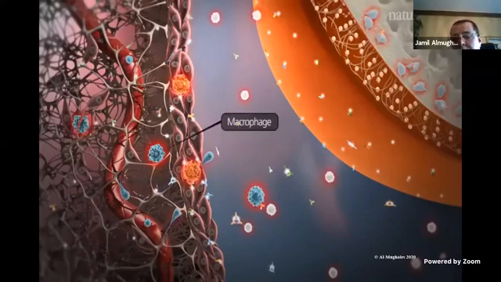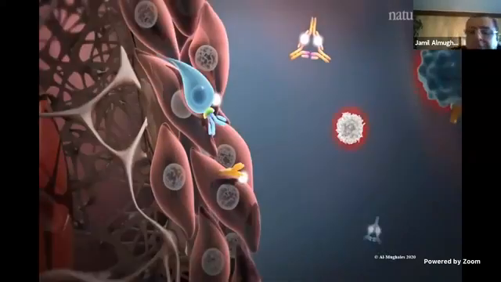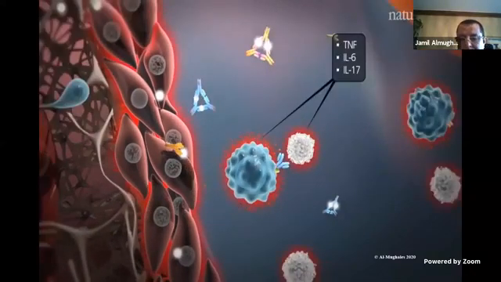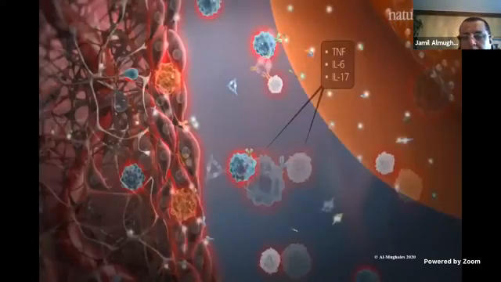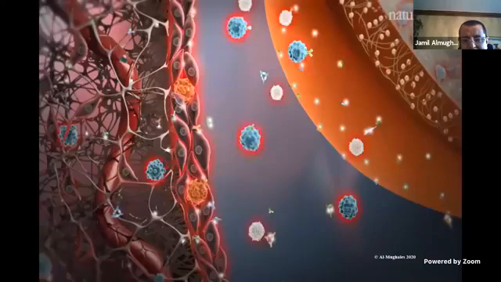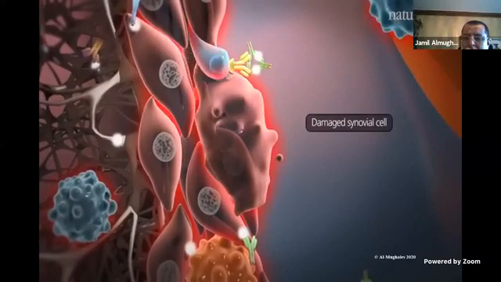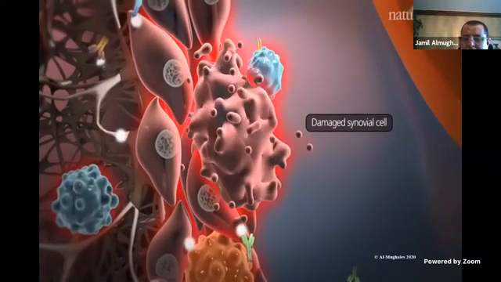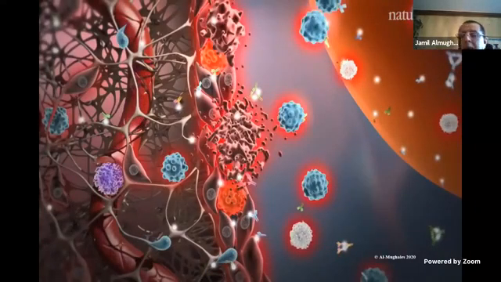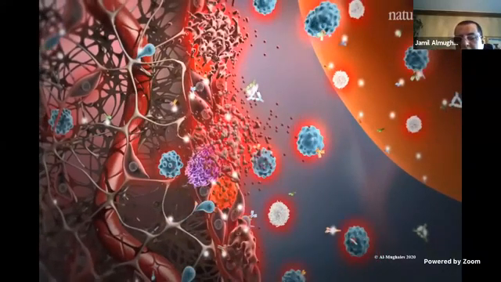These cells, as you can see here, when they migrate from the peripheral blood to the tissue, can cause extensive damage in the tissue. Cytokines, as I mentioned before, play an important role in the damage. This is the stage of damage, and it causes swelling, pain, and so many problems in the patient's tissue.